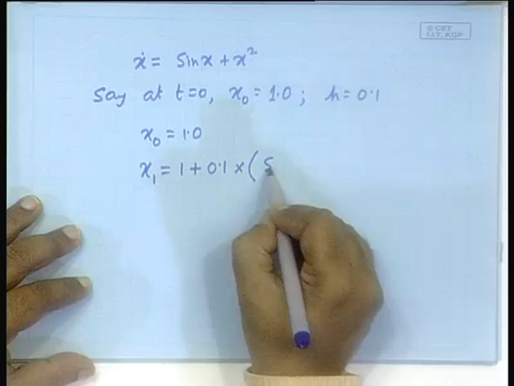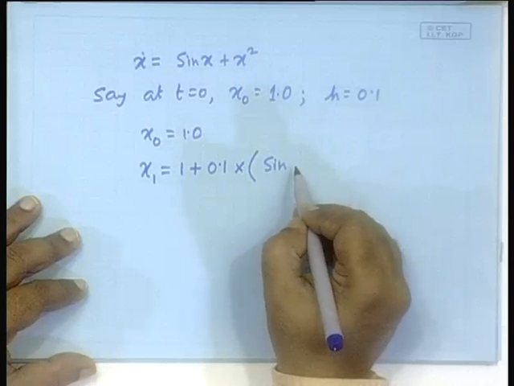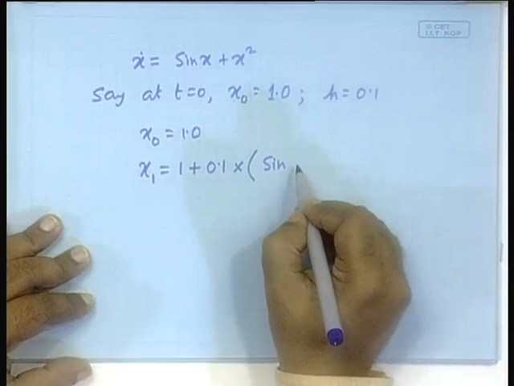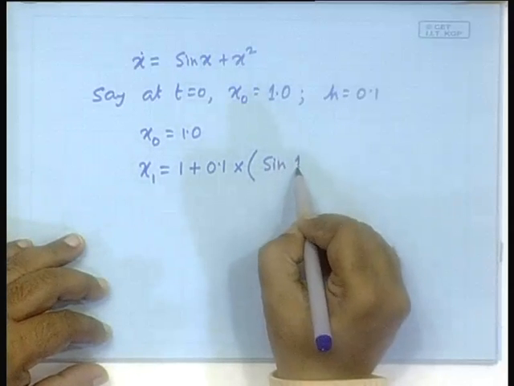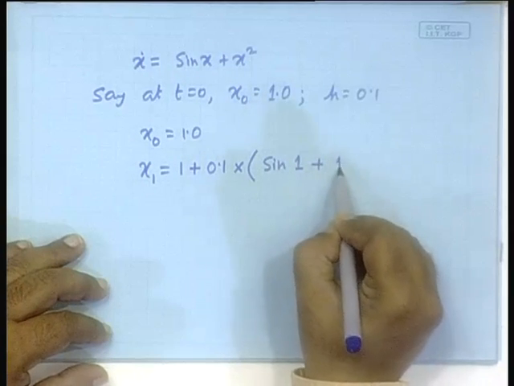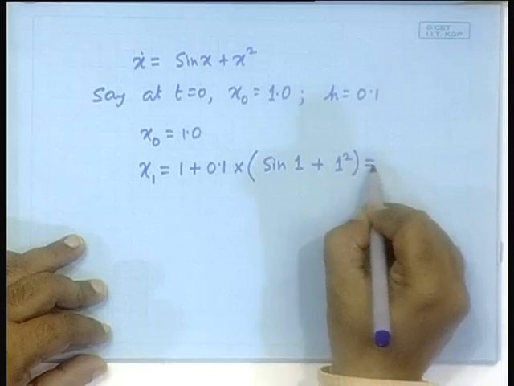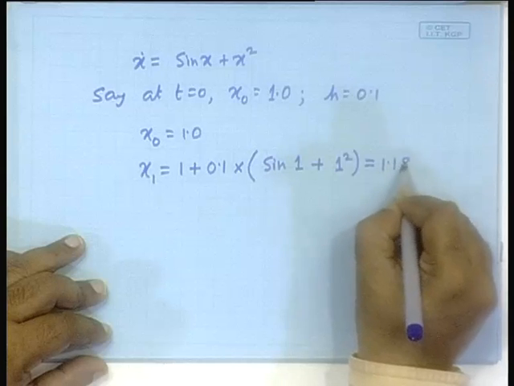this thing sin x was sin 1 plus 1 square, right, that comes out to be. So, you have got the numerical value 1.184.